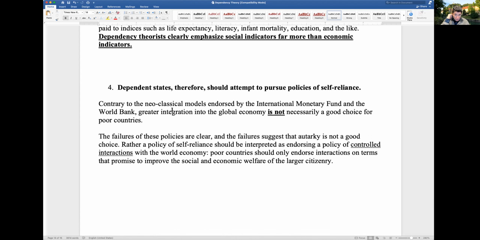And then number 4, once again, I am going to talk about the IMF, the International Monetary Fund, and the World Bank, and other multilateral organizations later. But basically, they argue that these multilateral agencies have the interest of rich nations first and the interest of everybody else after, right?